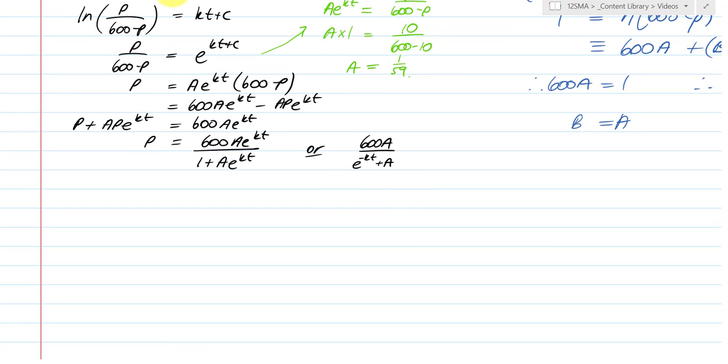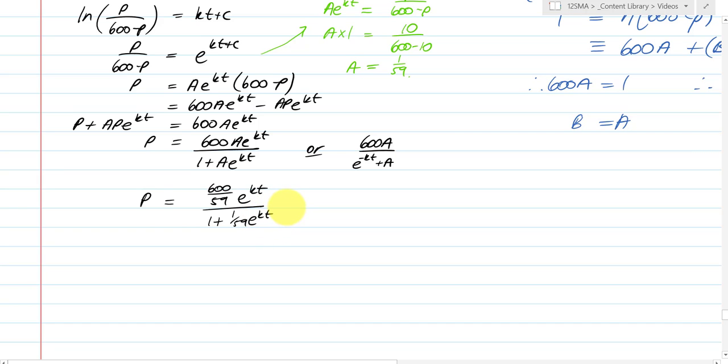So I think I'll use the first model I've got here. I get P is equal to 600, and I'm going to write it as 600 over 59 because it's times A, e to the kt over 1 plus 1 over 59 e to the kt. So there's my new model.